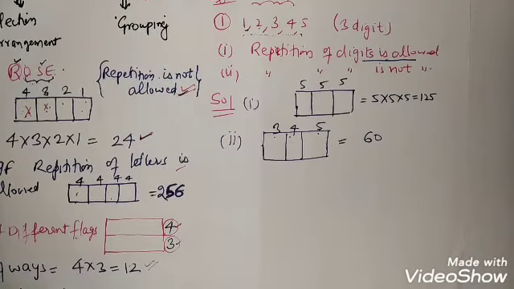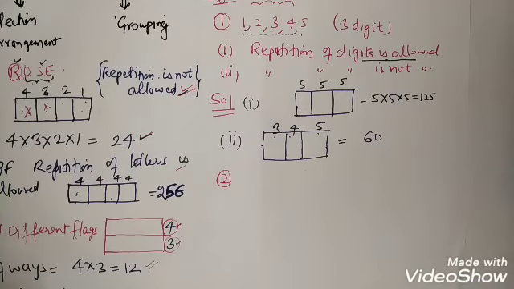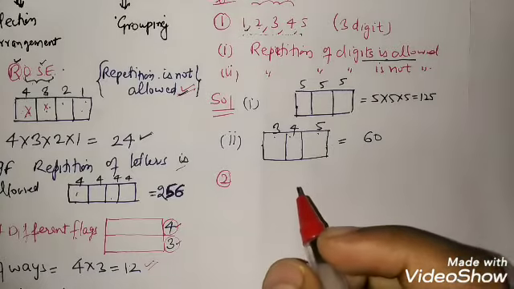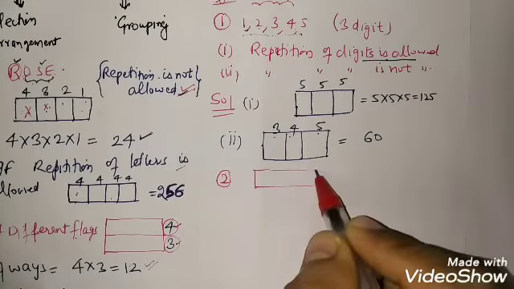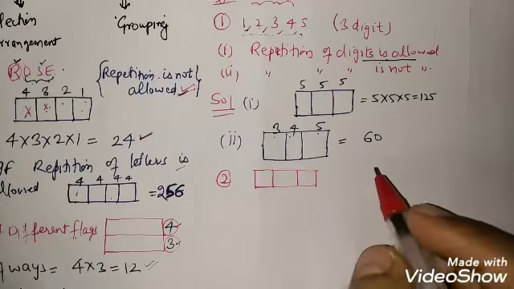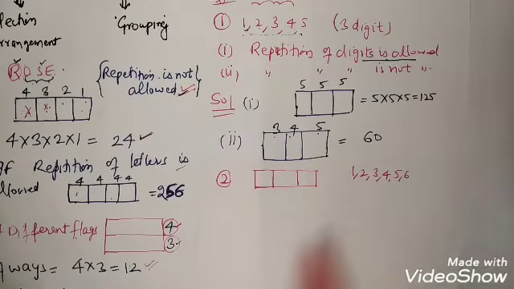Exercise question number 2. What does it say? How many 3-digit even numbers can be formed by using the digits 1, 2, 3, 4, 5, 6, if the digits can repeat?